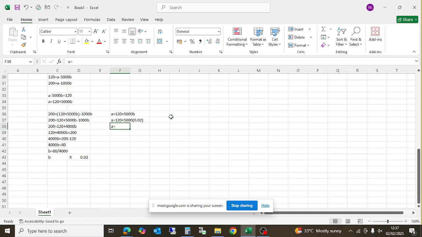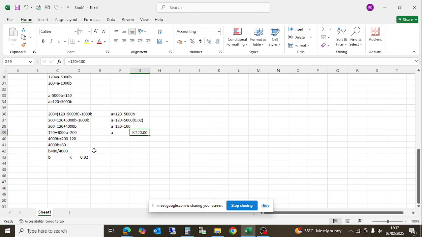So A is 120 plus 100, which is 220 kwacha.